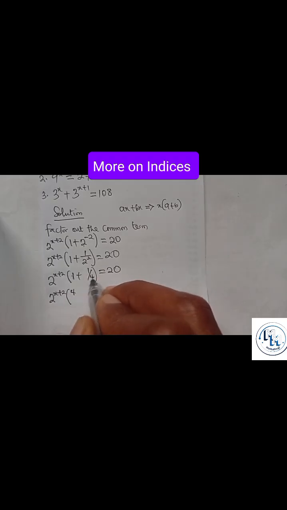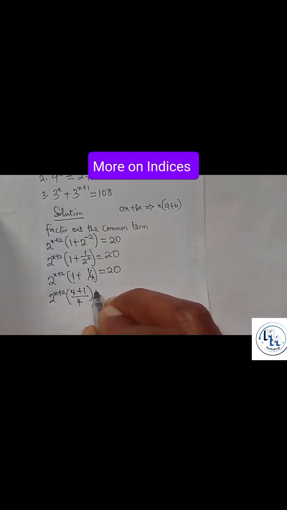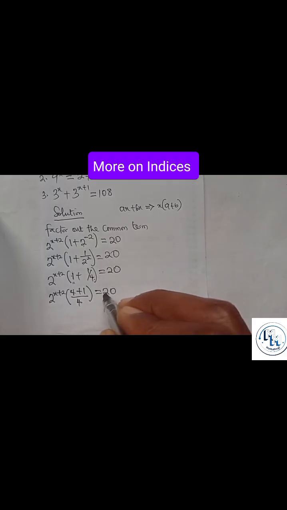So 4 times the 1 up is 4. Then the 1 under, which is over 1, that 1 under times this 1 is 1. Now the 1 under times 4 is 4, equal to 20.